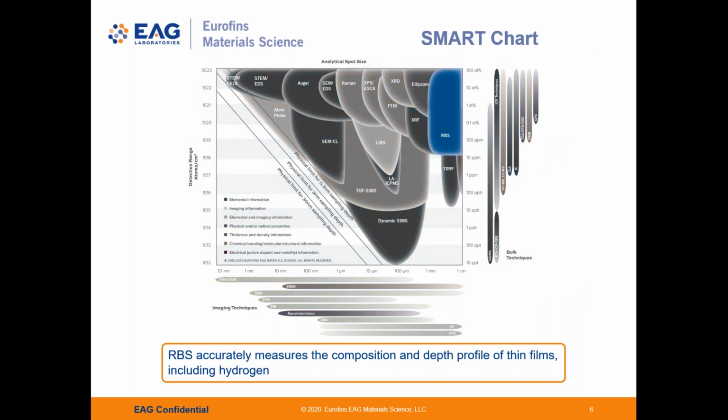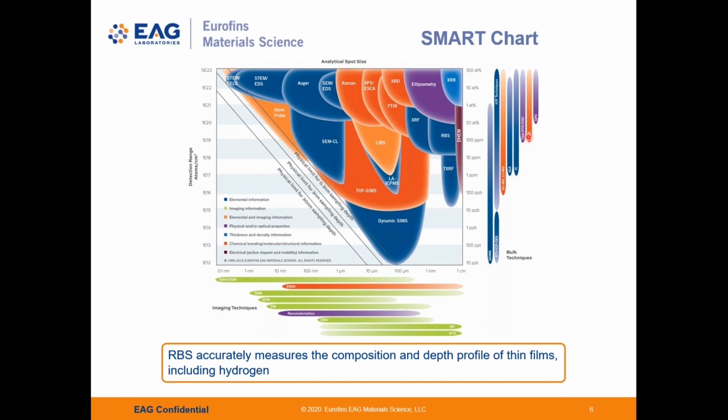This chart is a spectroscopy and microscopy analysis resolution tool, or SMART for short. This chart is somewhat famous and was previously known as the bubble chart. Each of the bubbles represents a different analysis technique. The surface analysis techniques are inside the box.